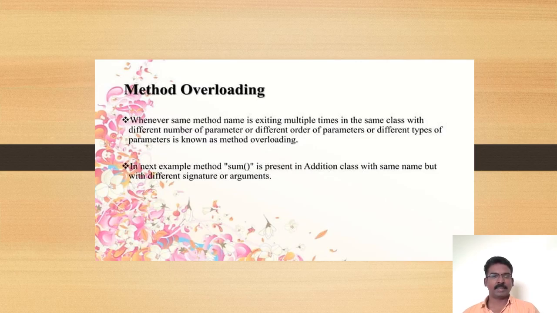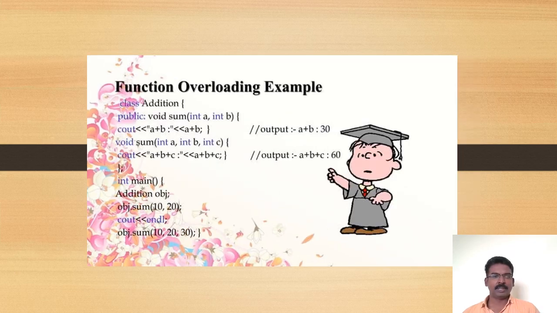Let's explain this with an example. In this program, under the class addition, you have two functions with the same name, that is sum. This is nothing but function overloading. But you may get confused about how we can declare two functions with the same name.